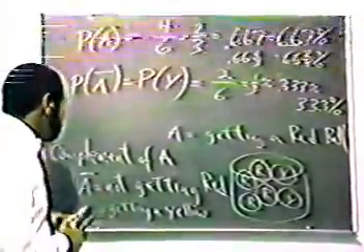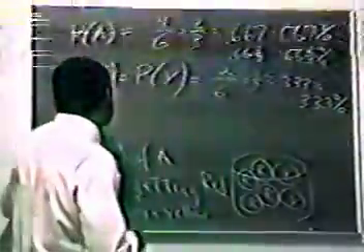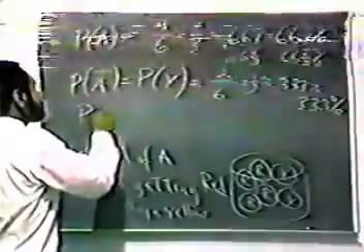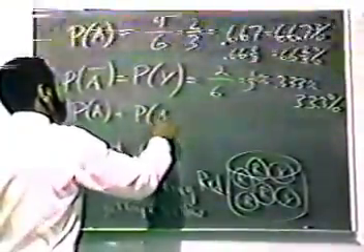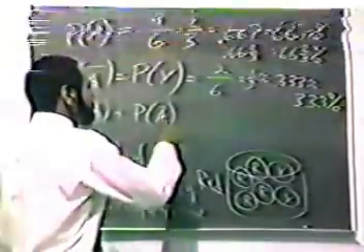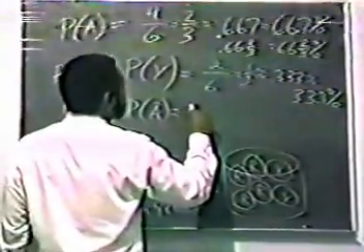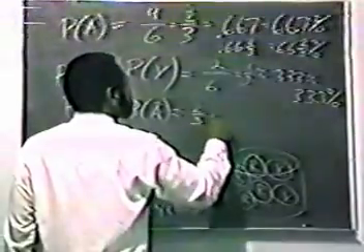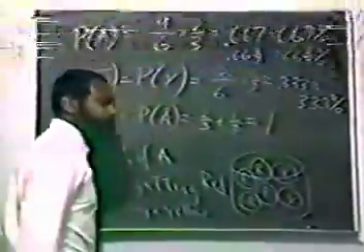Now, if we take the probability of A and add it to the probability of not A, for this example, that would give us 2/3 plus 1/3, we get 1.